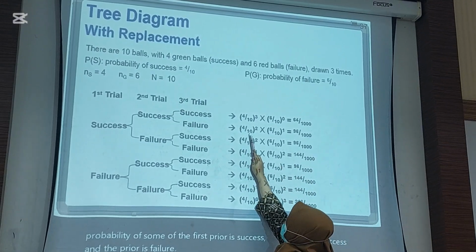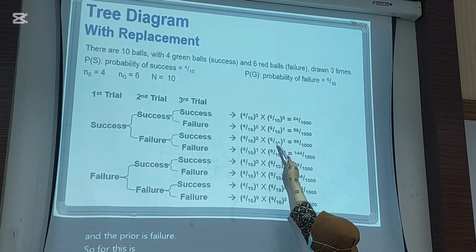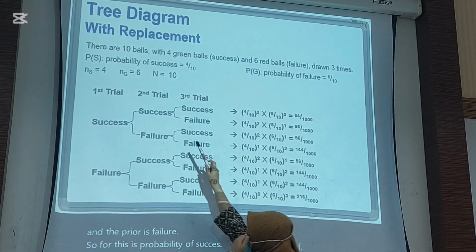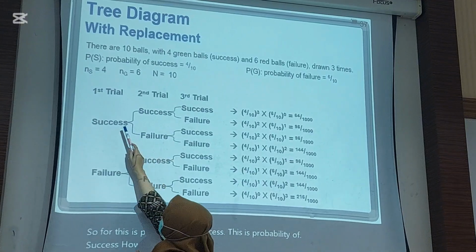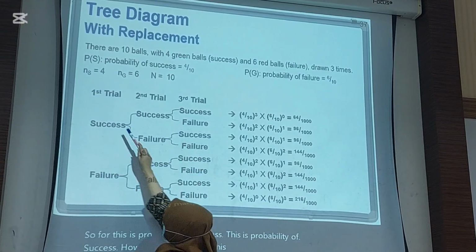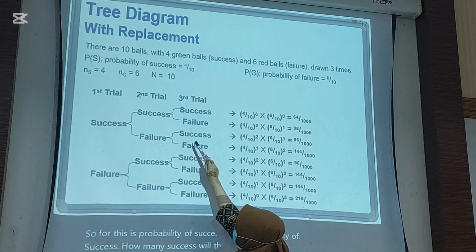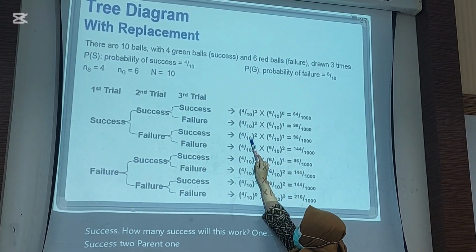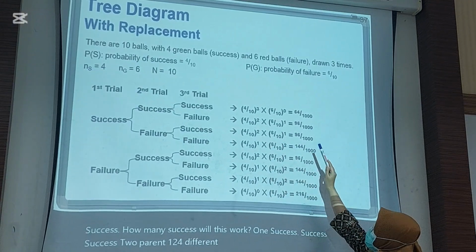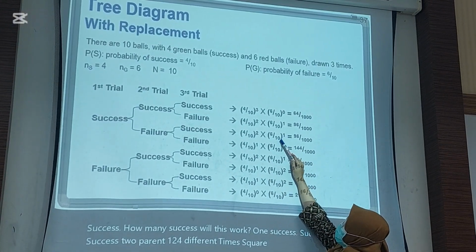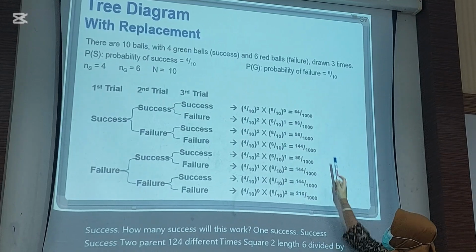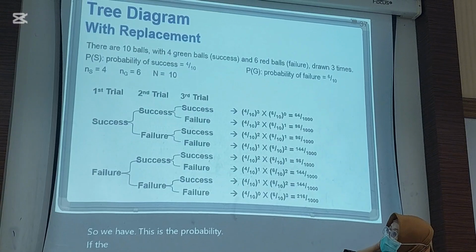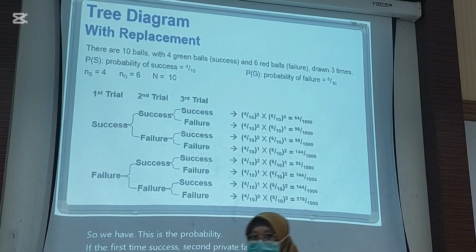This is the probability of success, this is the probability of failure. How many successes? Success 2, failure 1. So 4 over 10 squared, and then 6 divided by 10 to the power 1. This is the probability if the first trial is success, second trial failure, and third trial success.